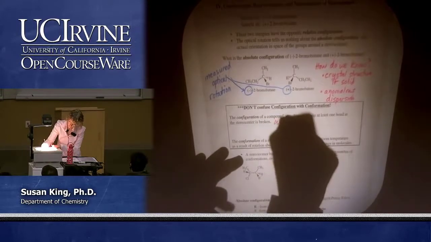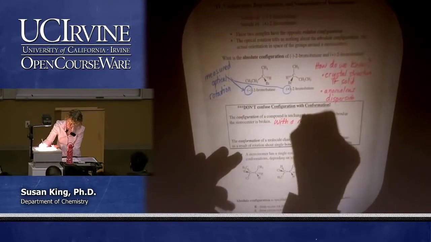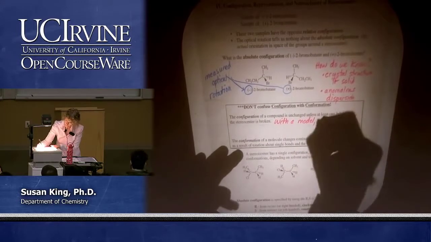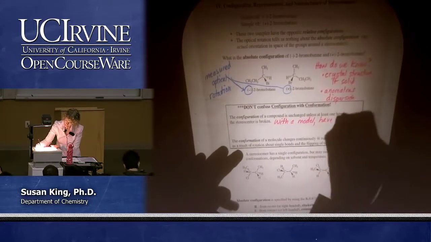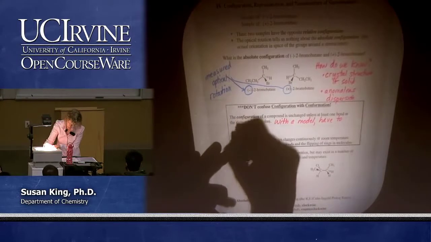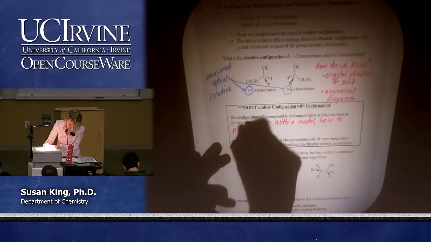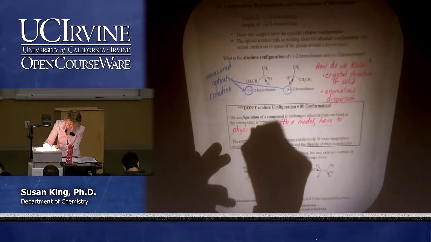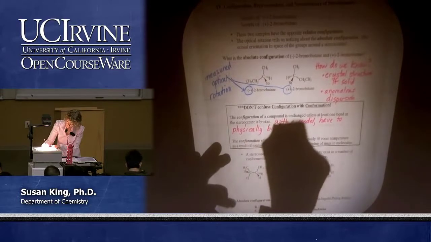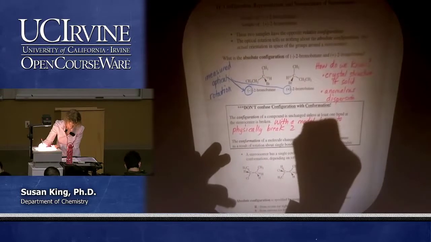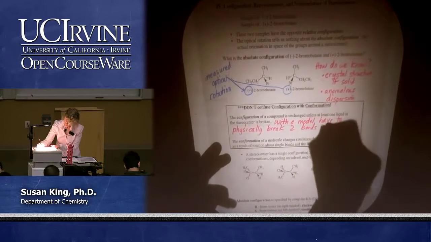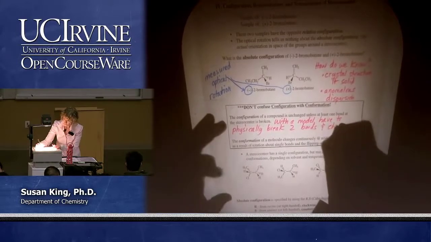So with a model, you have to physically break two bonds and then change their location.